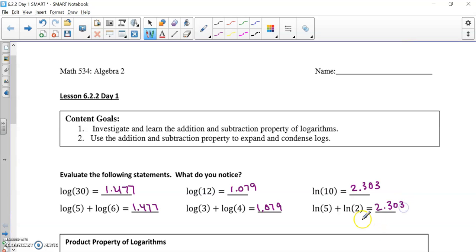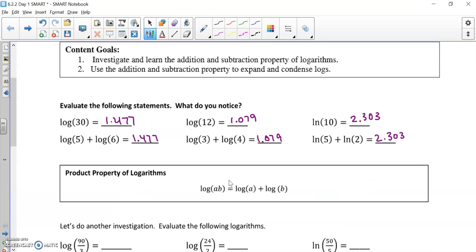All right. So the whole idea here is to notice that when we add two logs consisting of factors that multiply to another number, we have an equivalence, right? These two logs added together is the same thing as this one log with these two numbers multiplied. So that works all the time with logs, right?